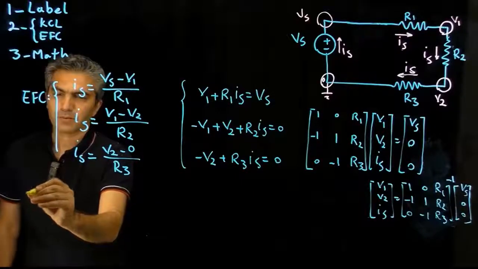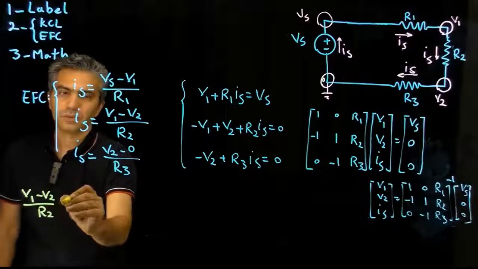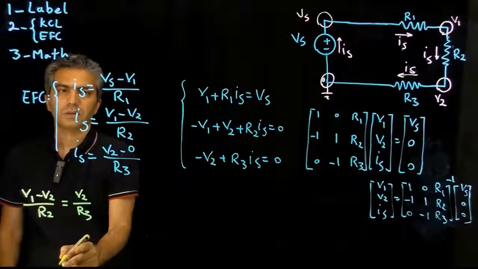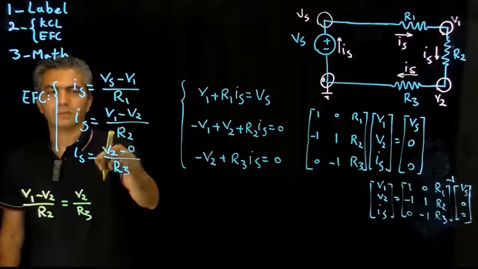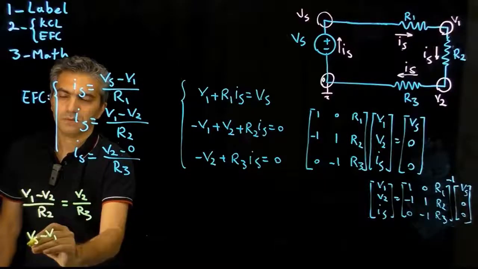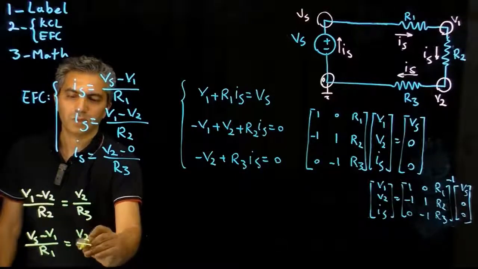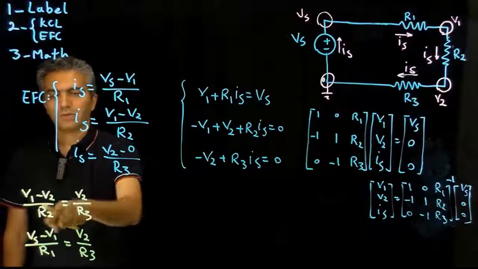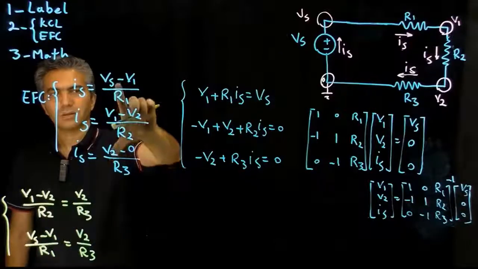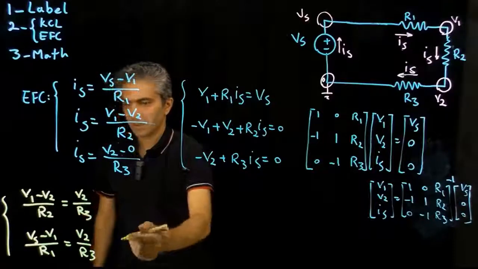So V1 minus V2 divided by R2 is equal to V2 divided by R3. And when I equate those two to each other, VS minus V1 divided by R1 is equal to V2 divided by R3. So the first is a result of these two being equal to each other. The second is a result of these two being equal to each other. So I have now two equations and two unknowns.